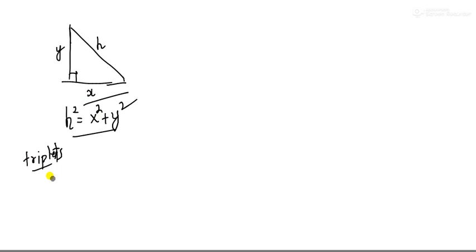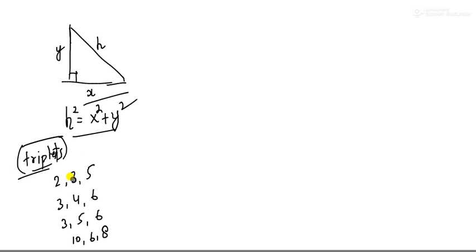For example, if I take 2, 3 and 5, 3, 4 and 6, then 3, 5 and 6, 10, 6, 8, and if I ask you which of them are valid for the Pythagoras theorem, what you have to do is use this rule.